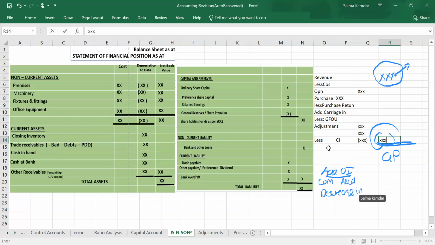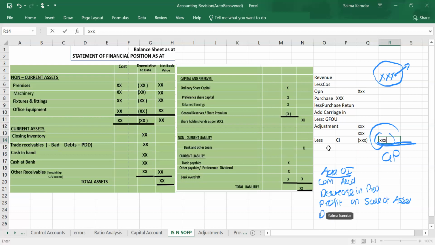And profit on sale of asset: if you have sold an asset and received a profit, that will also come in other income. What else will be a part of other income?